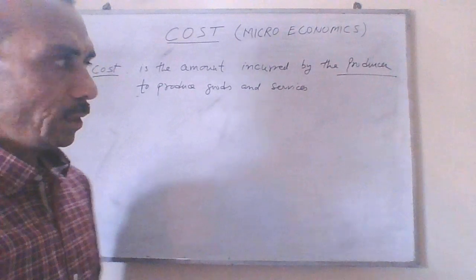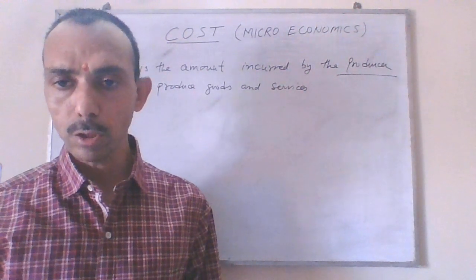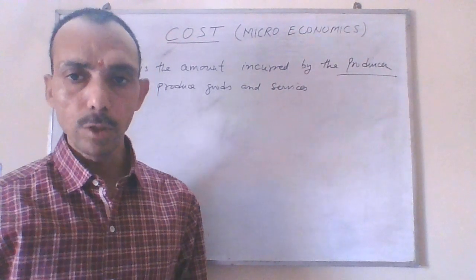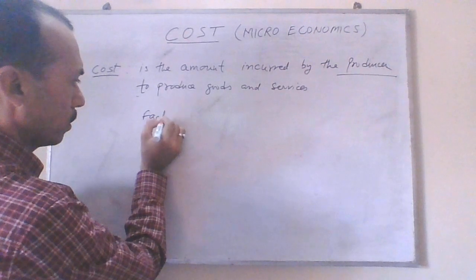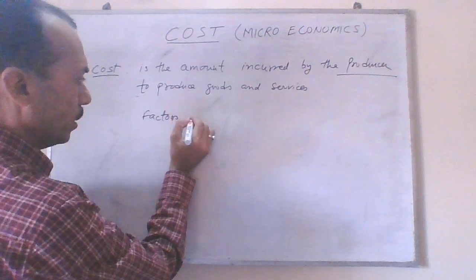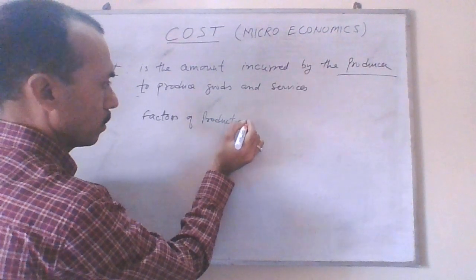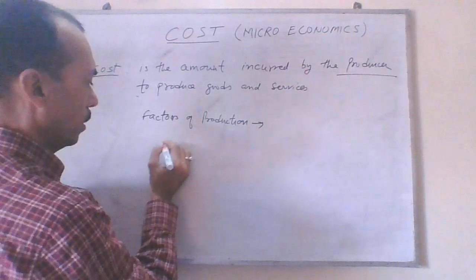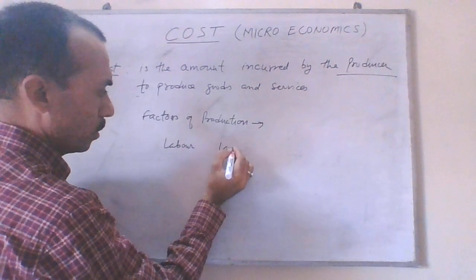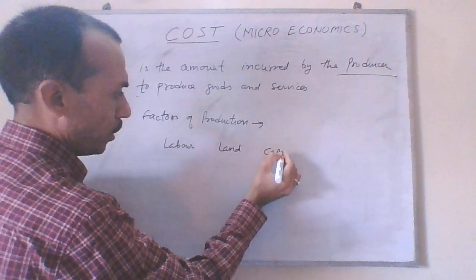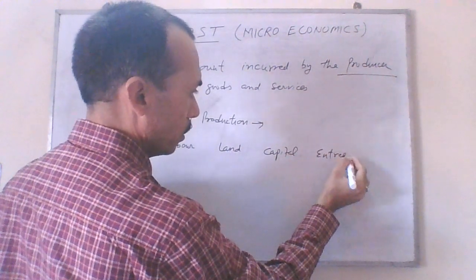Or we can say the cost is the amount paid by the producer to different factors of production to produce goods and services. These factors of production are labor, land, capital, and entrepreneurship.